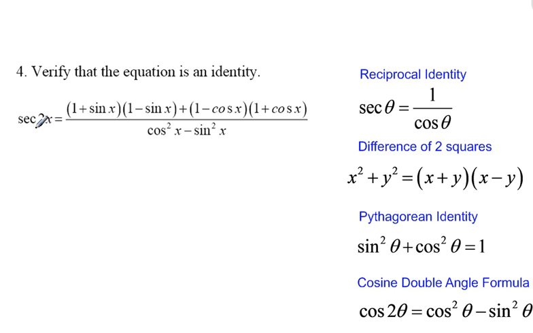Now, this is a double angle because we see that there's a 2 in front of the x. There is no double angle identity for secant. Since there is no double identity for secant, our first step will have to be to rewrite secant as its reciprocal, 1 over cosine.